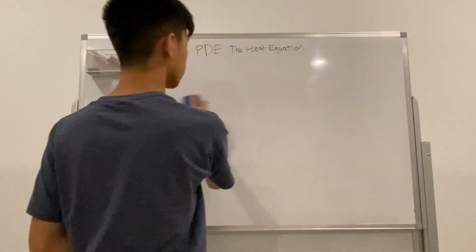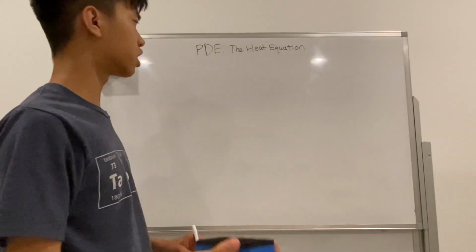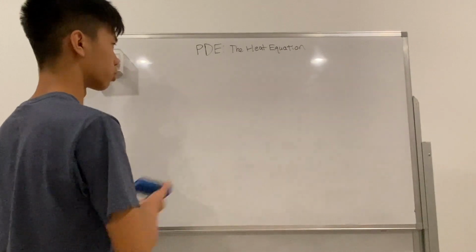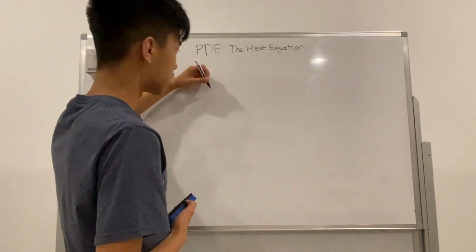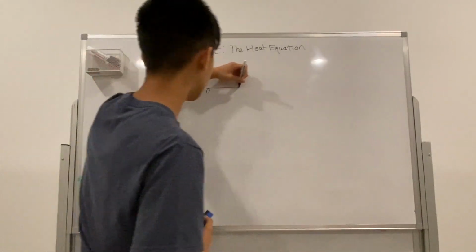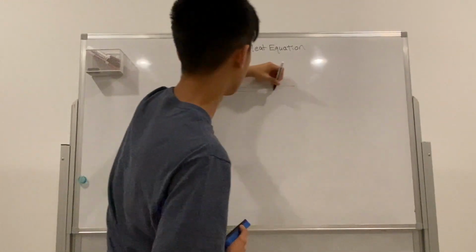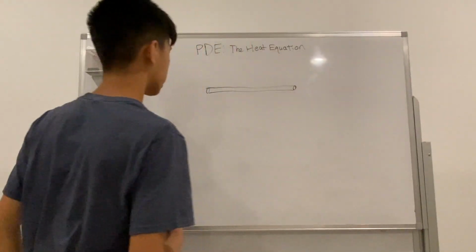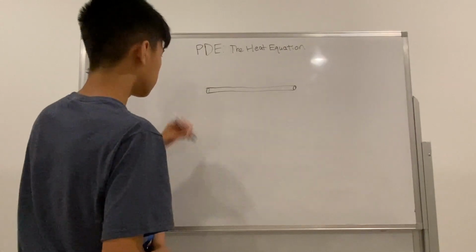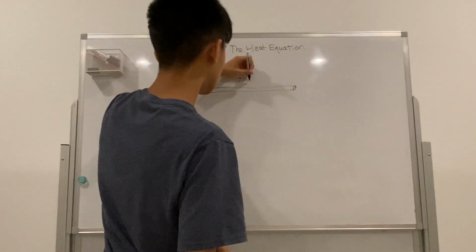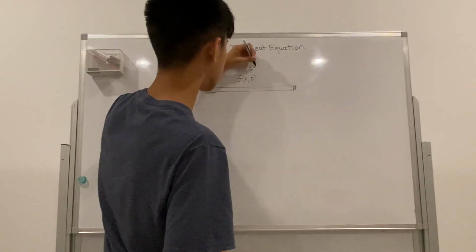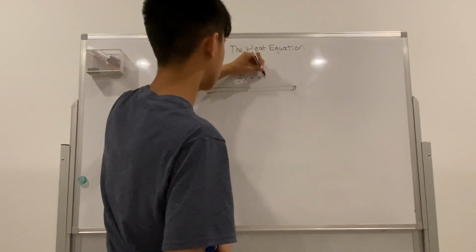So instead of a spring that moves a box back and forward, now think of a heat bar, like a bar of metal that conducts heat. And let's say its heat distribution when time is equal to 0 is equal to f of x.